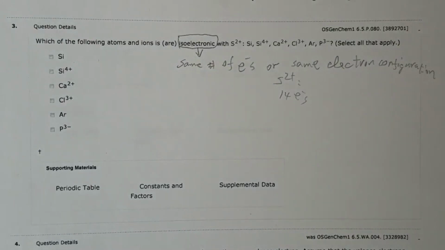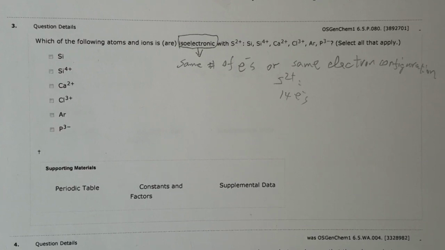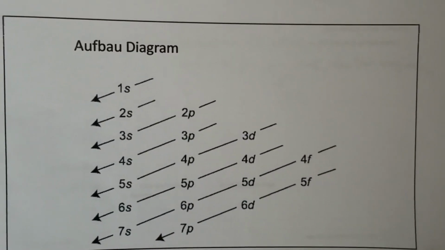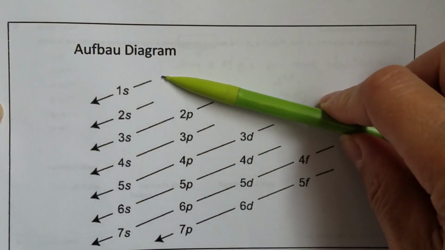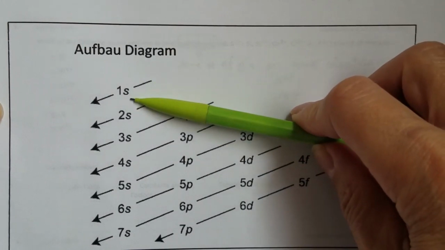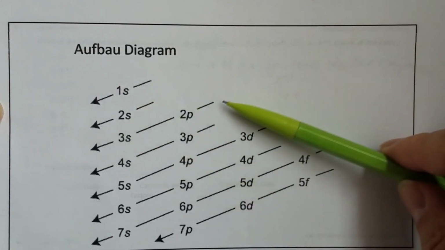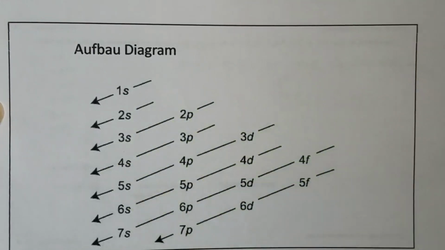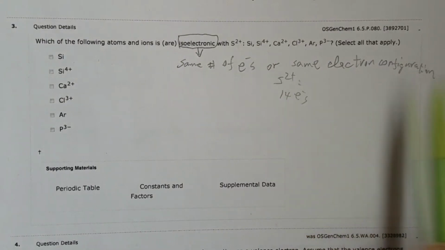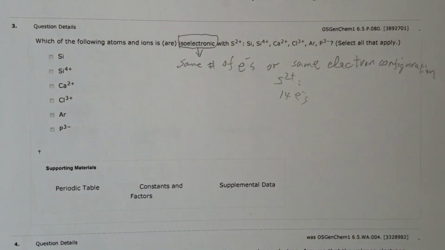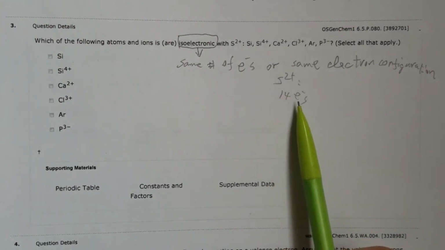Or you can use the Aufbau diagram I provided in the previous lecture. You always start placing the electrons into the 1s orbital, followed by 2s, 2p, 3s, and so on. I want you to complete this electron configuration for S2+, but remember the number of electrons is 14.